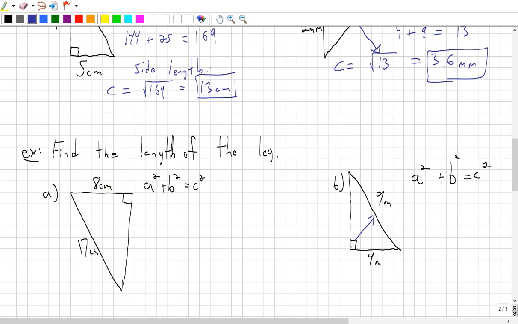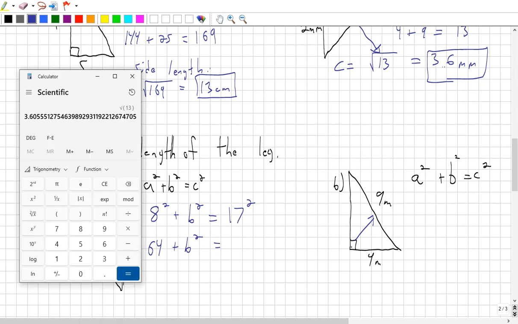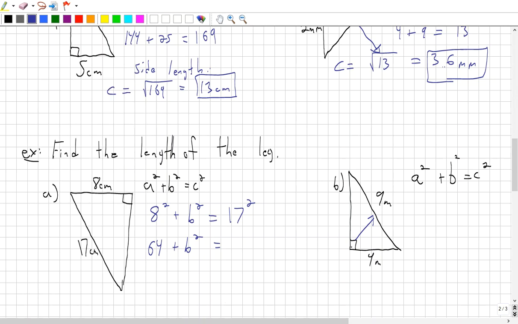Okay, so let's put the 8 into either A or B. Let's just use A. So 8 squared plus B squared is equal to 17 squared. 8 squared I know is 64, plus B squared, which we don't know, so we're going to do a little bit of algebra. And 17 squared is 289.